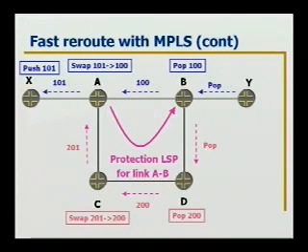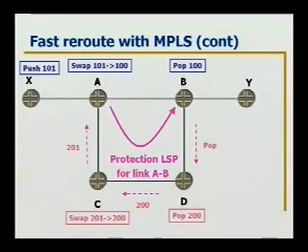A is advertising label 101 and installing forwarding state of swap 101 to 100. And finally, X is going to install forwarding state of push 101. Similarly, we're going to have label distribution on the pink LSP, the protection LSP below. And I'm going to use labels in the range of 200 there just for the example.